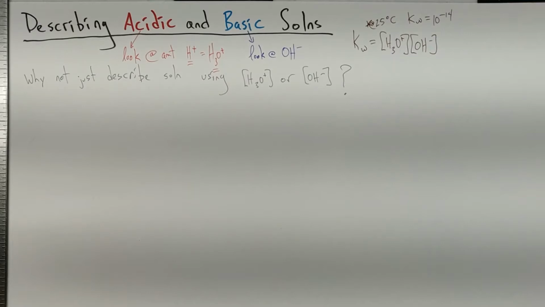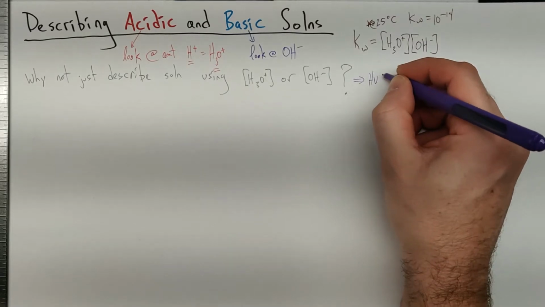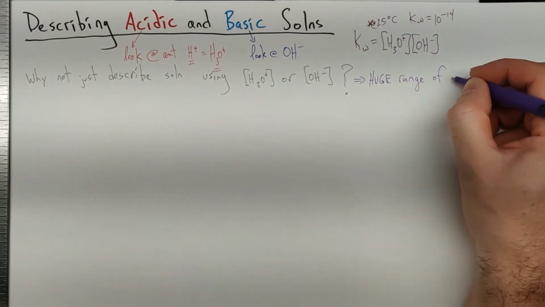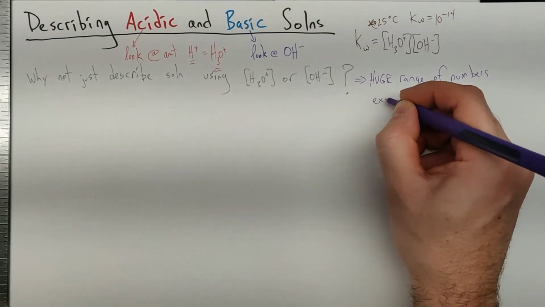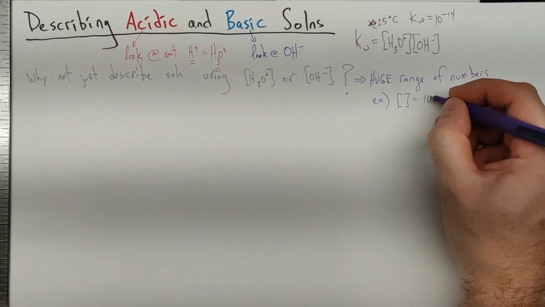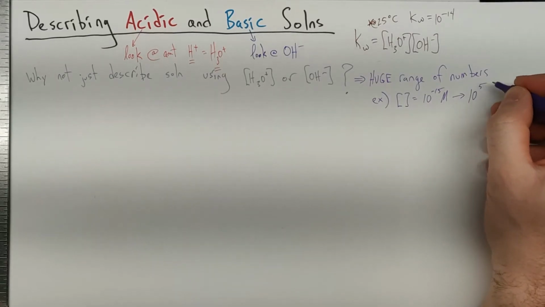There's a pretty important reason for that, and that reason is our range of numbers. We have this huge range of numbers. For instance, you might be dealing with concentrations in the range of maybe 10 to the minus 15th molar up to 10 to the 5th molar or higher.